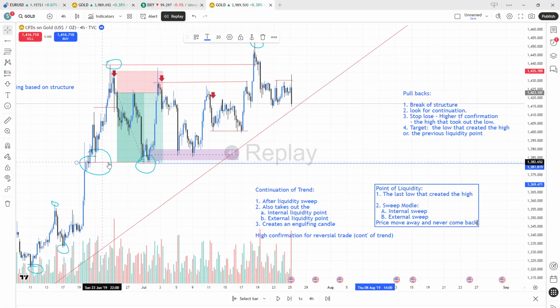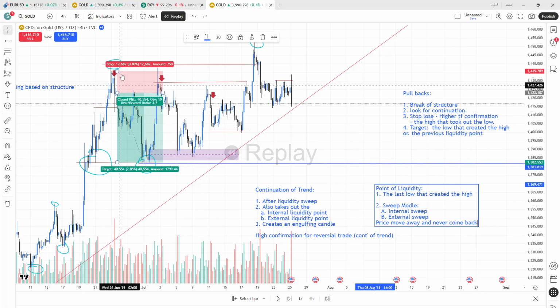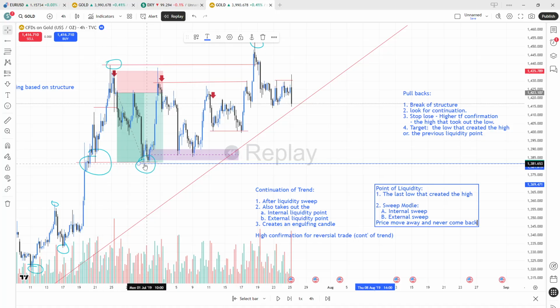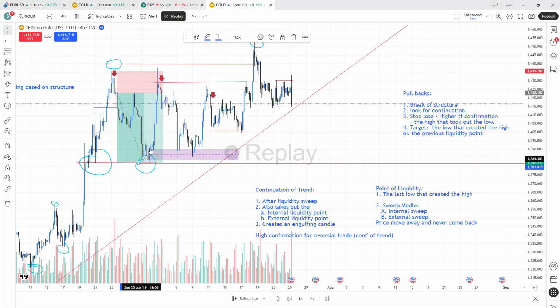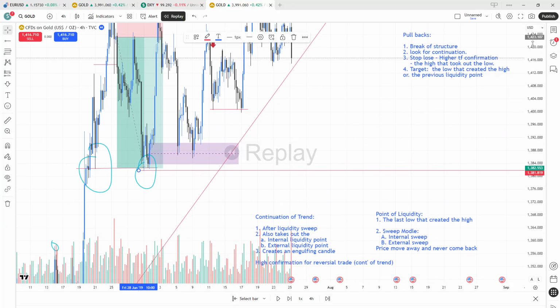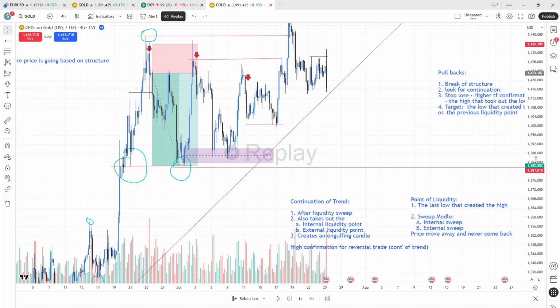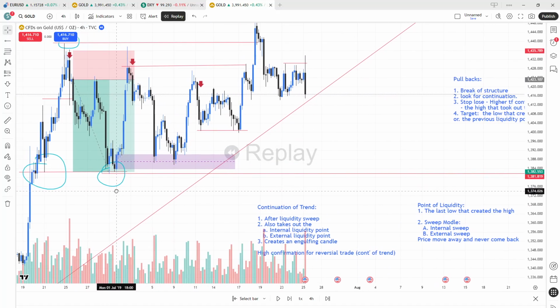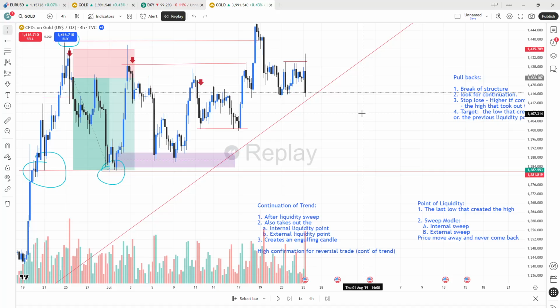So we do have a sweep here, so price never came back. That's what's giving us that confirmation. Okay, so after price comes back and sweeps, it never came back to it. I wish we could hone in on this.